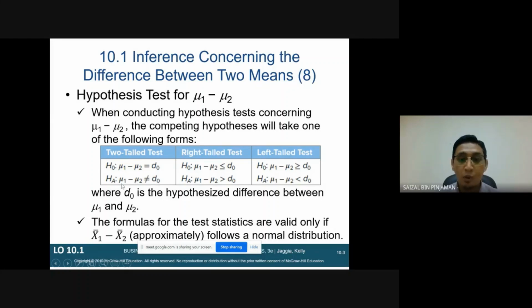So the mean for population 1 may be larger than the mean for population 2, or conversely, the mean for population 2 may be larger than the mean for population 1, as long as they are not identical. And just like in chapter 9, you can also see these two symbols, equal to and not equal to. And remember, the equality always goes in the null.